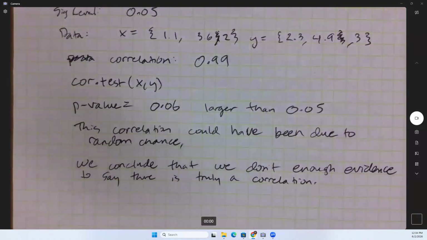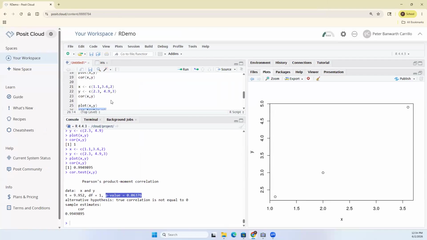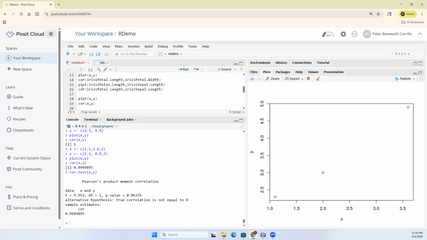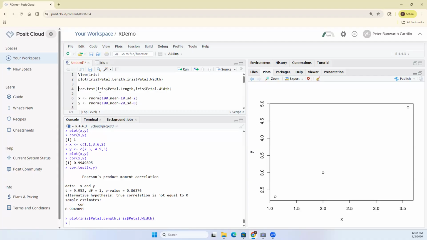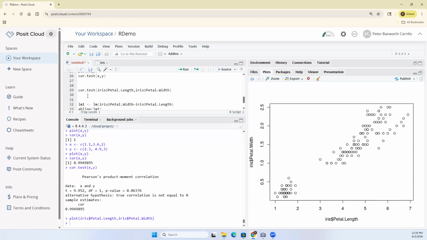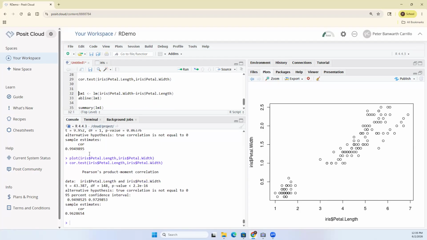Now let's compare that correlation with just three data points to the correlation between our iris petal length and our iris petal width. So instead of just correlation, we'll do cor.test. Let's look at that plot again. They sure seem pretty correlated. And when we do cor.test, we see that the correlation is 0.96.